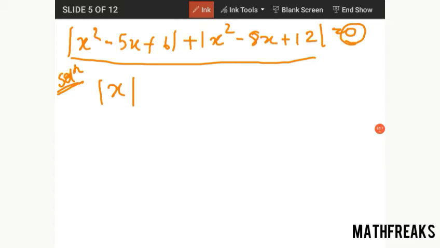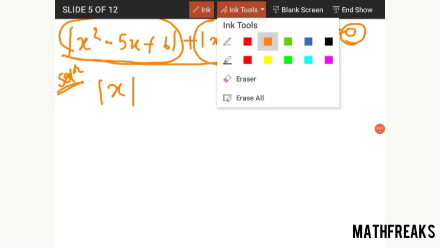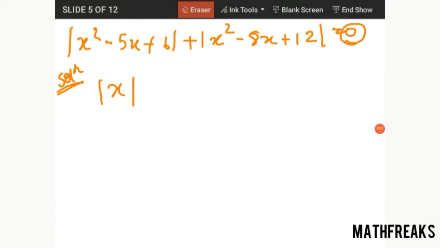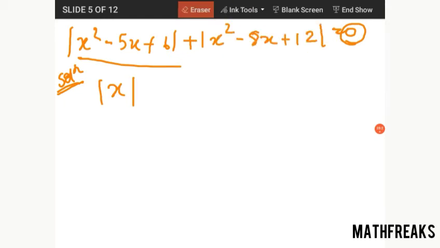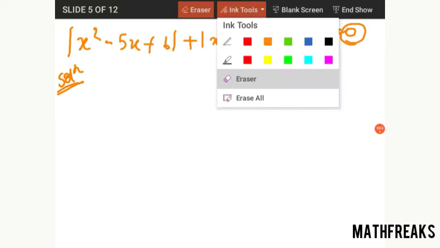Now see, the mod of some quantity is added with the mod of another quantity and their sum is equal to 0. This will always be positive because of mod. So when will the summation of two positive quantities be equal to 0? When both the quantities are 0.